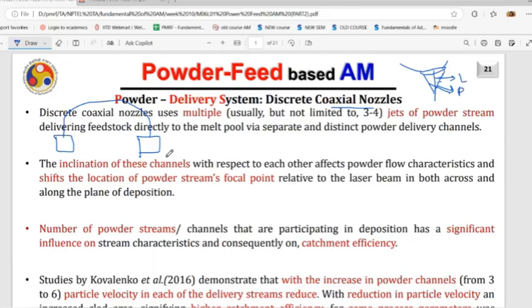So my powder cannot be very small. That's why there is a typical size distribution available for this process. We typically use 45 to 120 or 45 to 105 micrometer powder. This is the typical range of the powder particles. It cannot be one particle size, so it has to be some distribution.